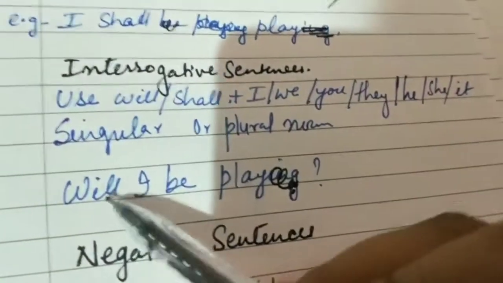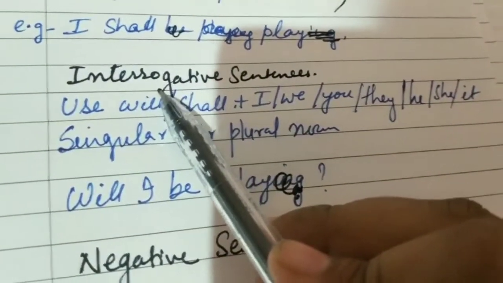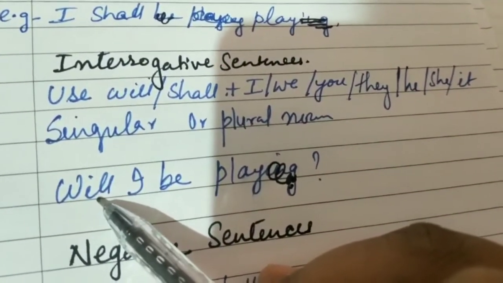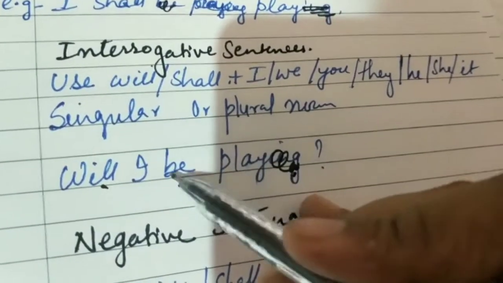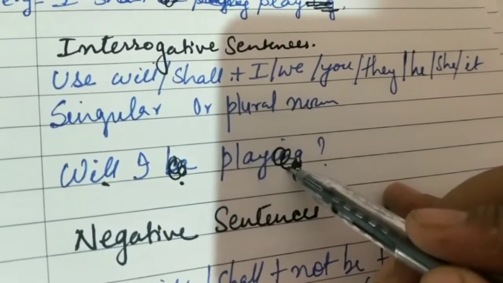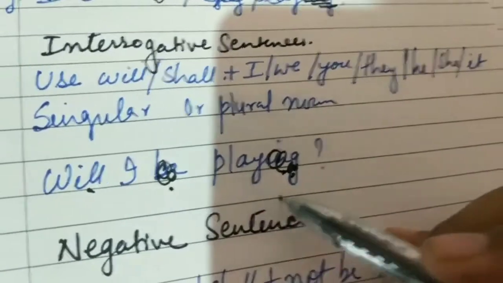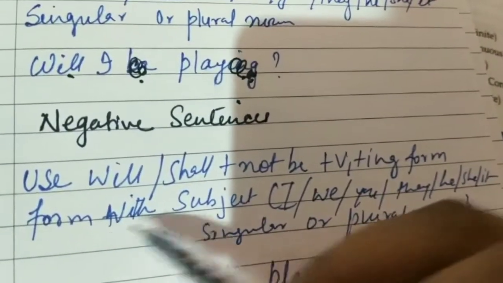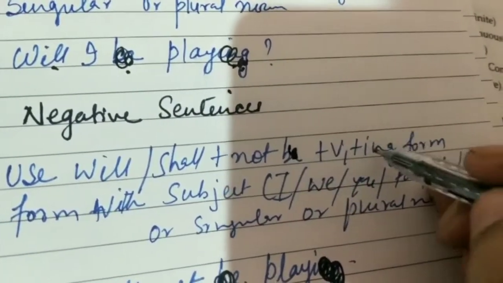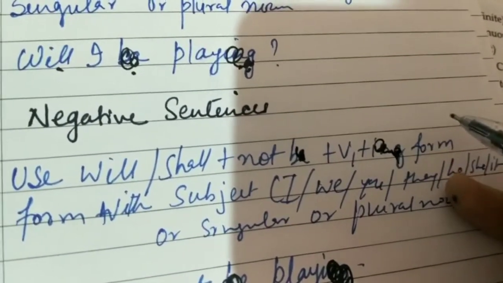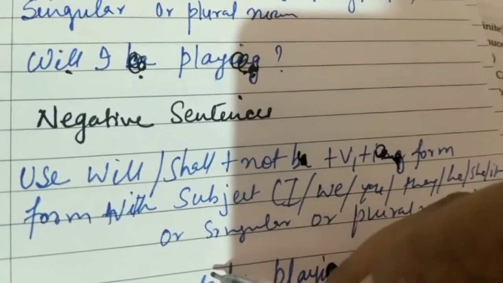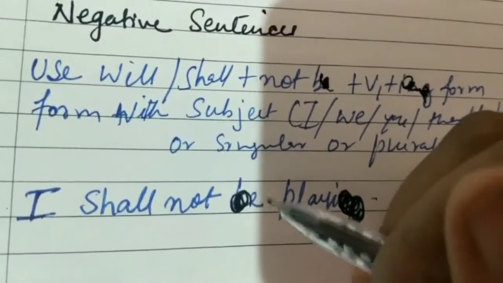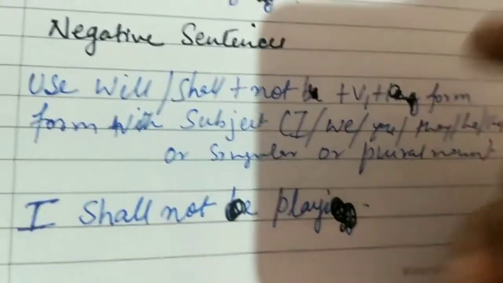Then in questioning, we'll use will or shall first, then the subject, and then the rest of the sentence. So will I play? In negative sentences, use of will or shall plus not plus v1 form of the verb after the subject. Like I shall not play.